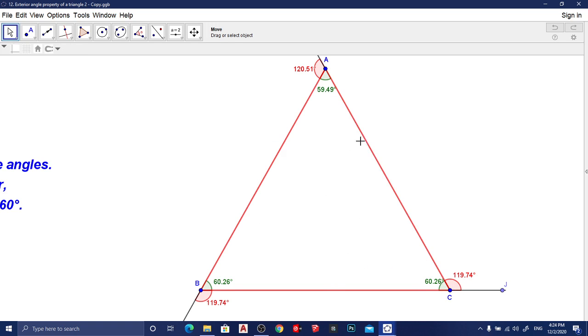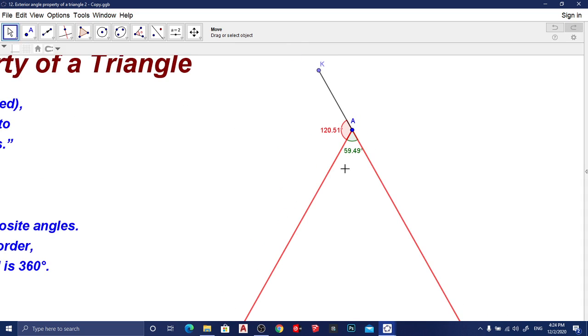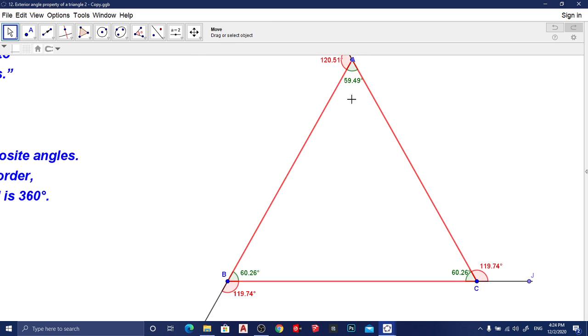You can take any side, not only one side. If I take this side and produce it to somewhere at K, then this line will form an exterior angle. This exterior angle is equivalent to the sum of these two opposite interior angles.